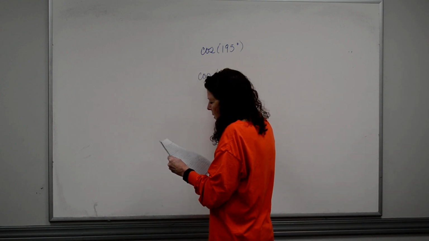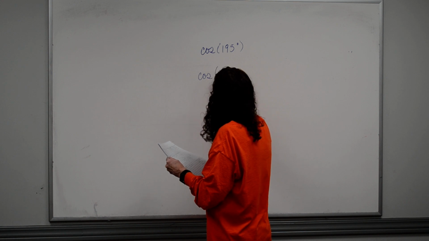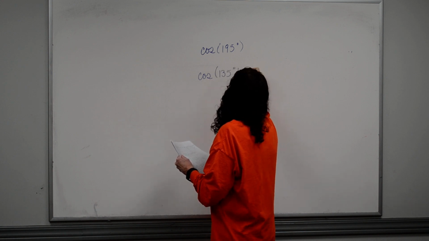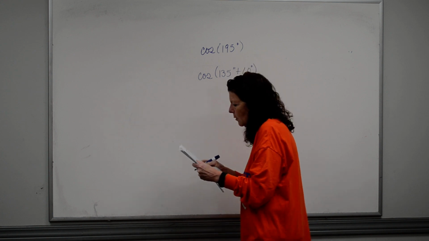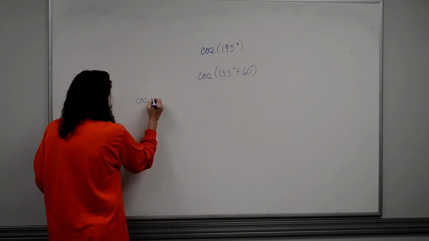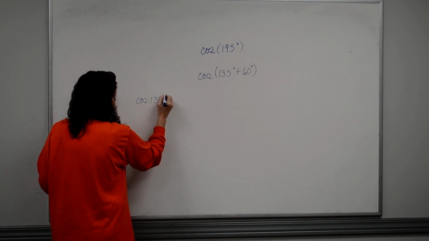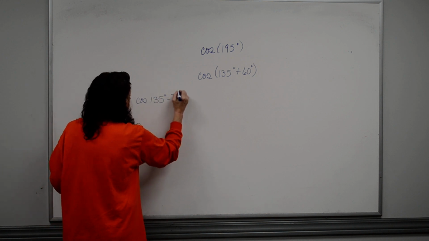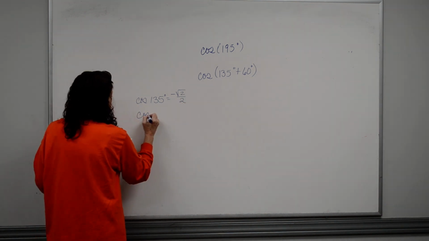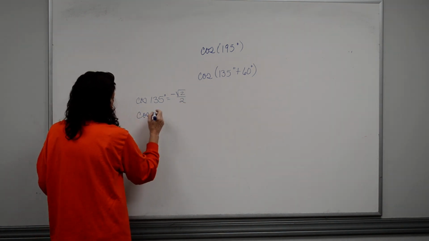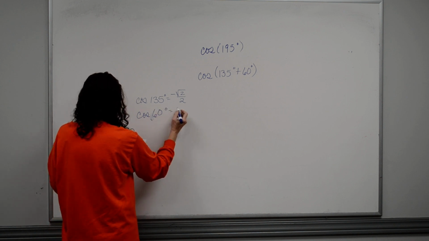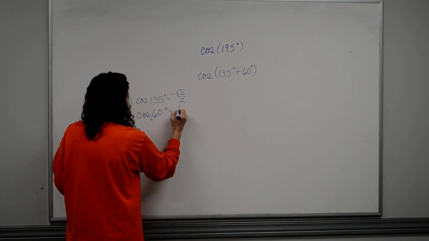So I am using 135, which is on your unit circle, and 60, which is on your unit circle. Now you know the cosine of 135 is equal to negative square root of 2 over 2, and the cosine of 60 is equal to 1/2.